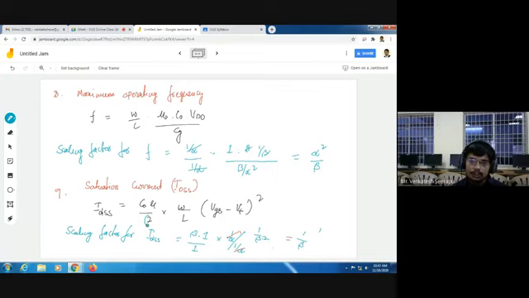For constant values, we have to take a scaling factor as 1. 2, mu, epsilon, these are all constant values. For constant values, we will take a scaling factor as 1. So beta into 1 by 1, that is why I wrote it.